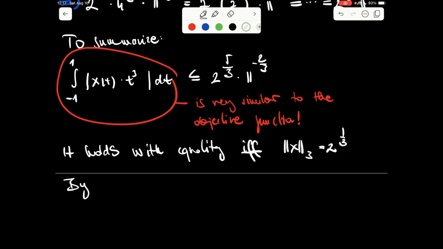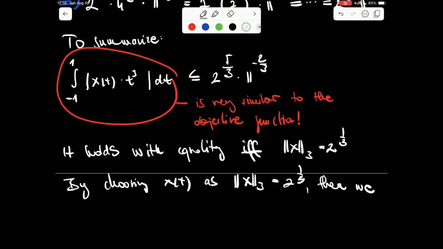This is important, so let me emphasize it. So by choosing function xt, the norm is this, then we maximize this integral.